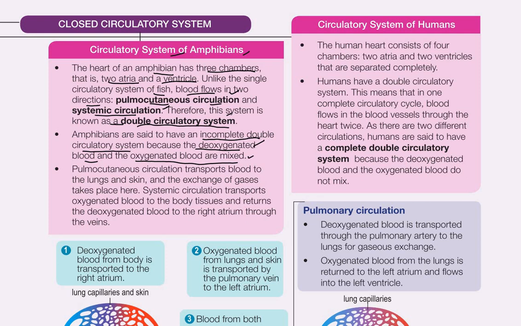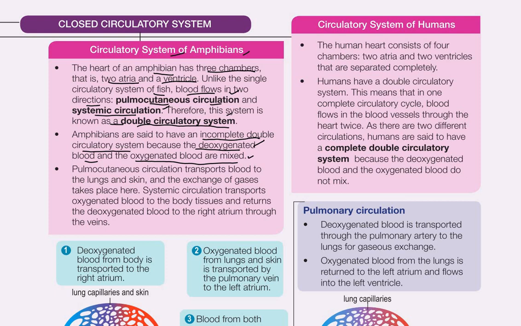This is the reason why they are known as incomplete. Maybe the question asks you why amphibians have an incomplete double circulatory system: because of the mixing of deoxygenated blood and oxygenated blood.